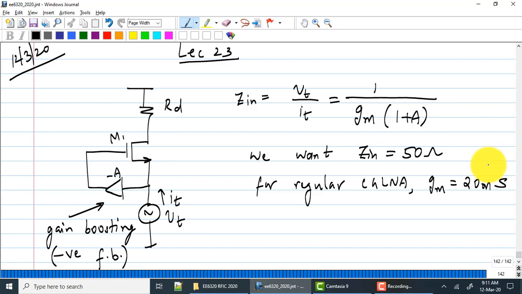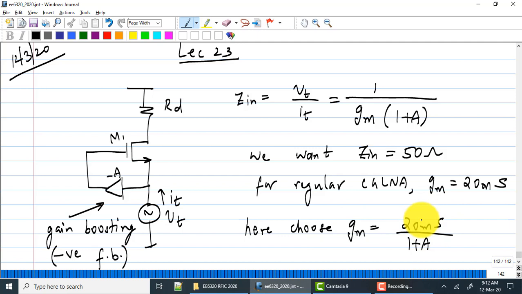In this case, because the conductance is increasing by a factor, the GM that you choose would be smaller by a factor 1 plus A. So basically you choose GM equals 20 millisiemens over 1 plus A. Okay, so that part is good.